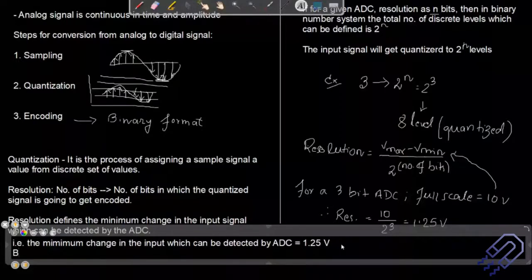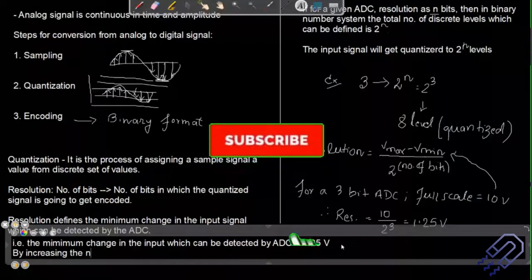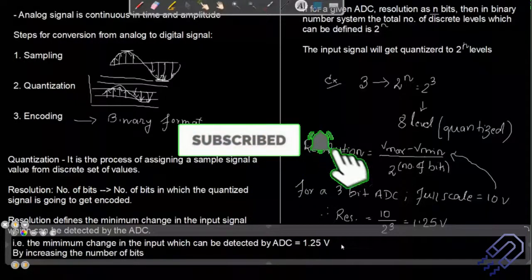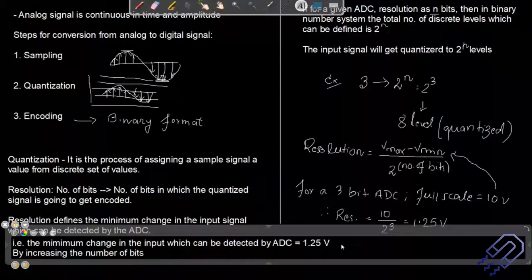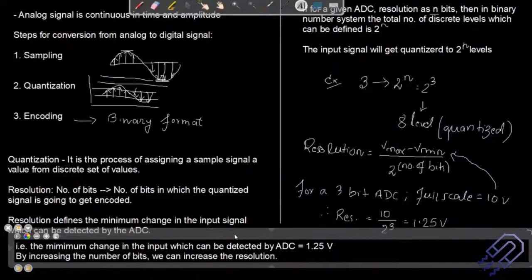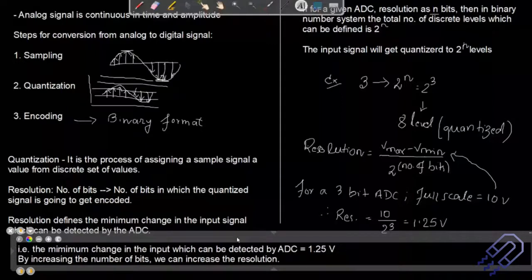If we increase the number of bits, we can increase the resolution. So this is what analog to digital and digital to analog converters are all about.